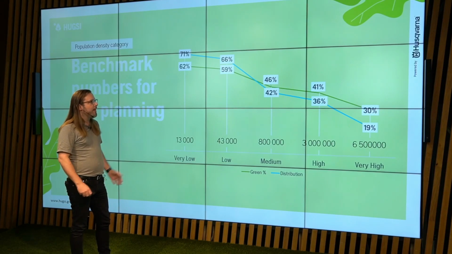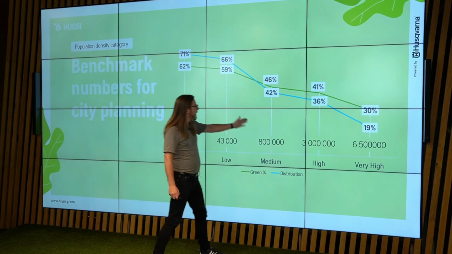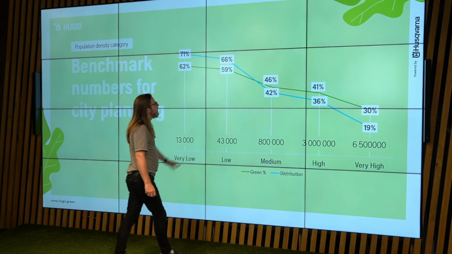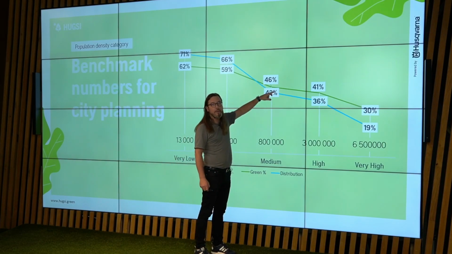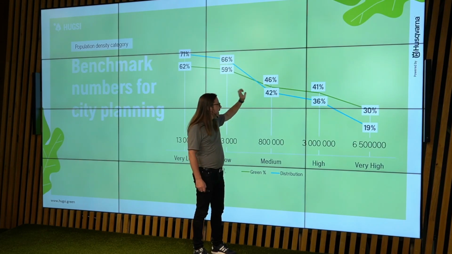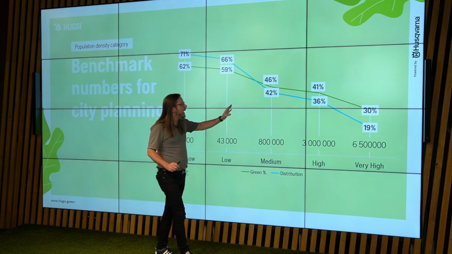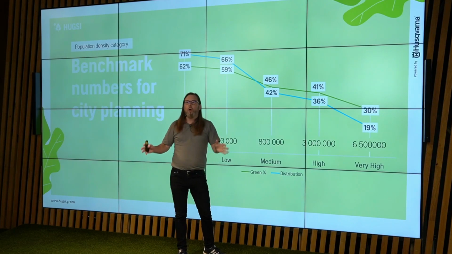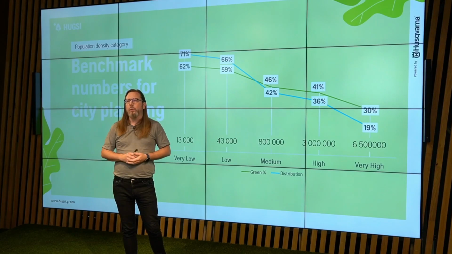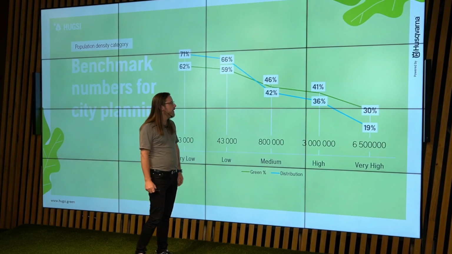And that's expected. But what I find really, really interesting is what happened here in the middle, with the medium category. The blue line is crossing the green line. So here we start to have more green percentage than the distribution. So that means that here we have more of the larger parks or green areas and less distributed green out in the cities where people are living and working and spending time.